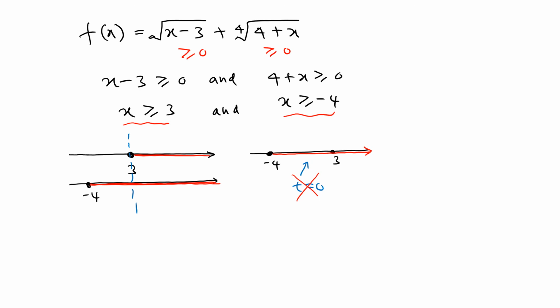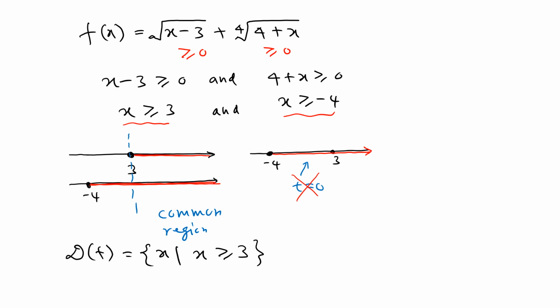That's the common region. So clearly it has to be 3 or more. So that's the other way to do it: just draw one below the other and pick the common region. So the solution is x such that x is greater than or equal to the larger one. Larger than the larger, that's how we remember it.